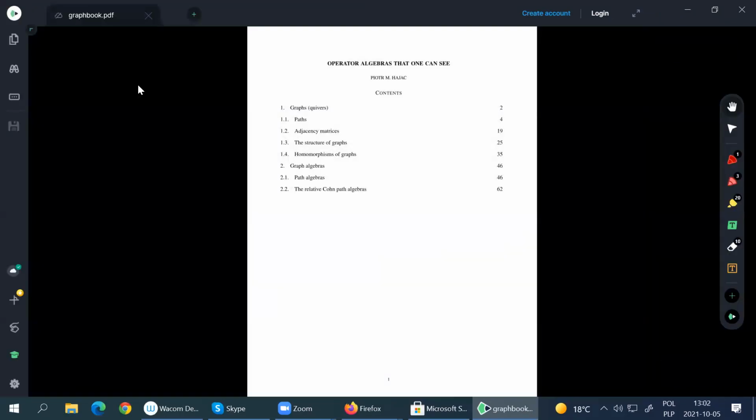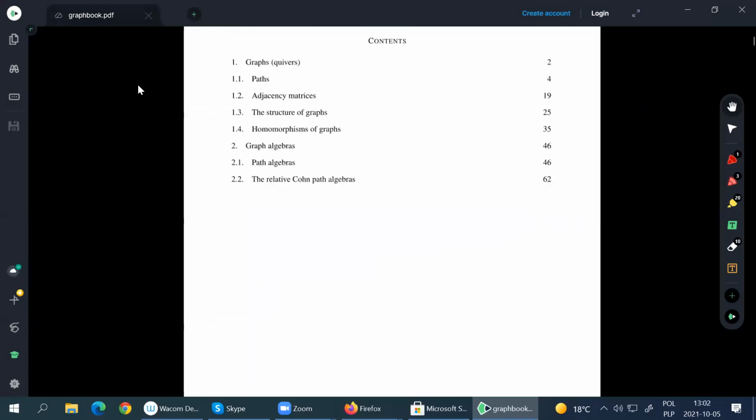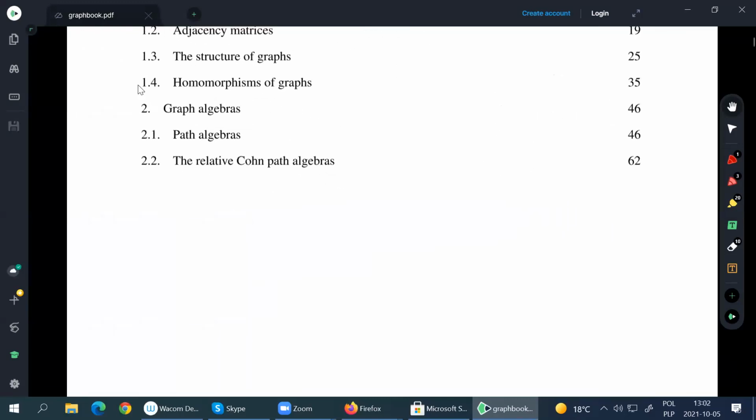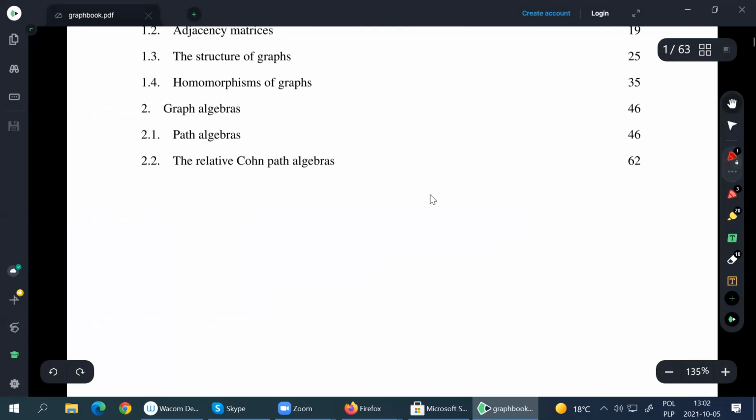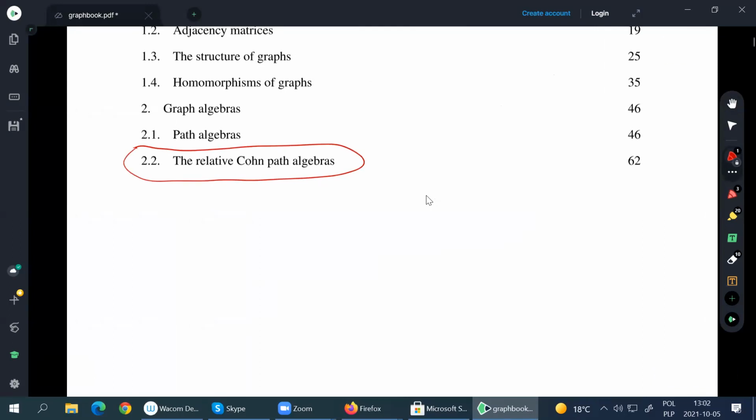Okay, let me enlarge it a little bit. I think it's good enough. So what I want to do today, that's the part for today. Oops, I have to again choose pen. So that's what we are doing today. I mean, not everything, we just started.